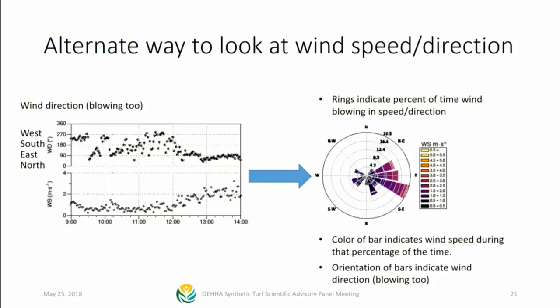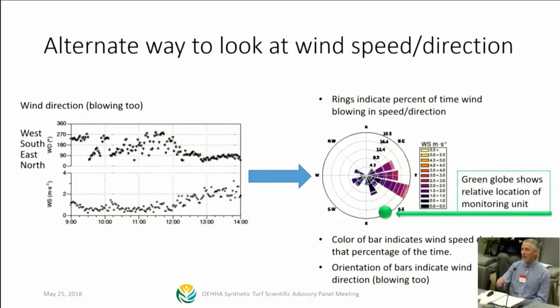Very quickly, the windrose in this case is built showing the wind direction, so a longer bar pointing in one direction means a higher percentage of time going in that direction. The color of the bar as you move out is the wind speed. Once you get used to these figures, you can see at a glance the general air mass, which direction and how fast it's moving throughout the day.